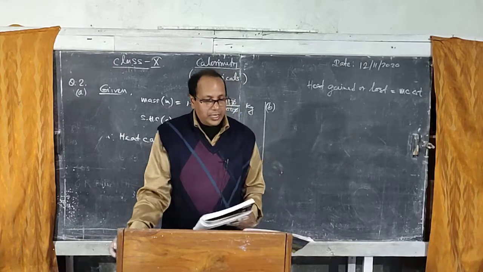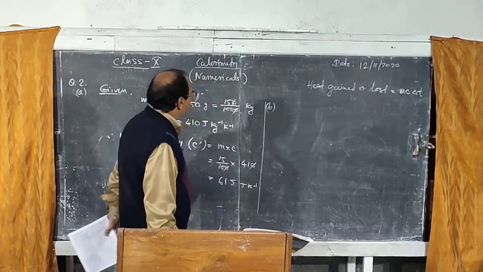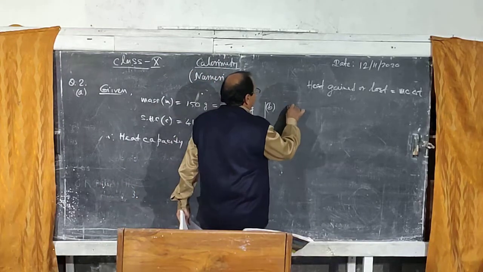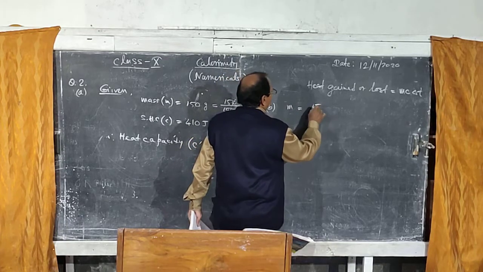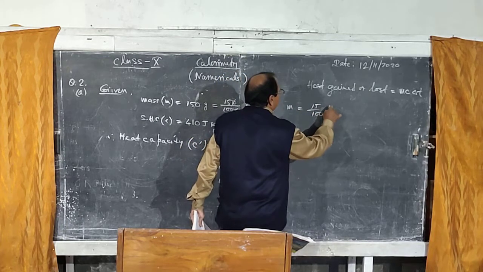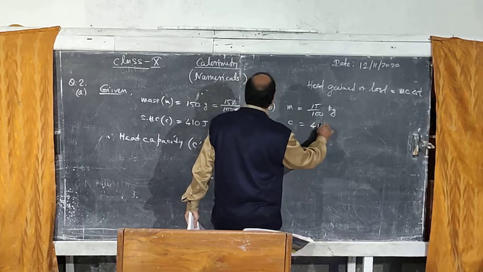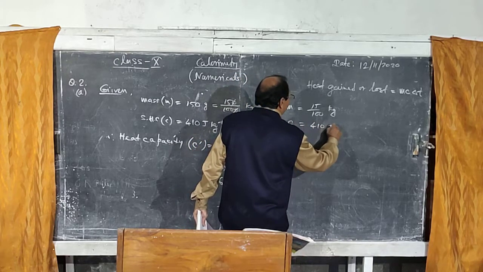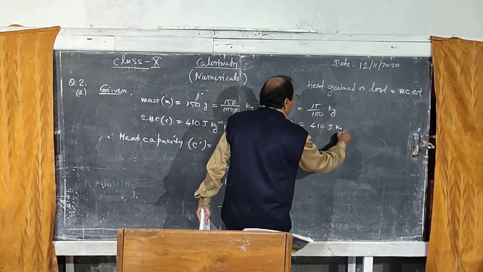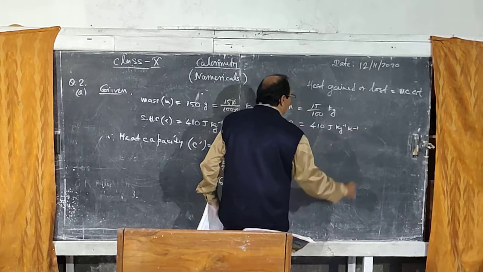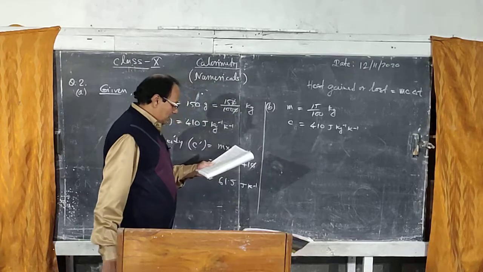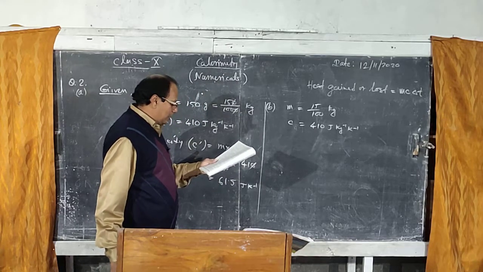Means there is a change in temperature. So everything is given. Mass is given 15 by 100, you can write directly kg. C is given here 410 joule kg inverse Kelvin inverse, and here we have to find out the amount of heat energy.